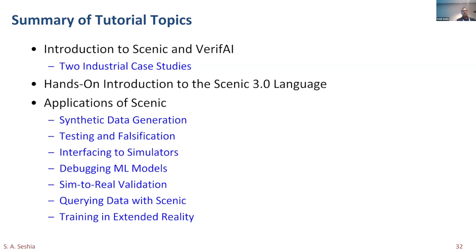We talked about debugging ML models, especially in the context of perception, to understand what the failures are and why. We talked a little bit about using SCENIC for sim-to-real validation, part of which is querying label data with SCENIC, and then an application that's training people to perform tasks in extended reality.